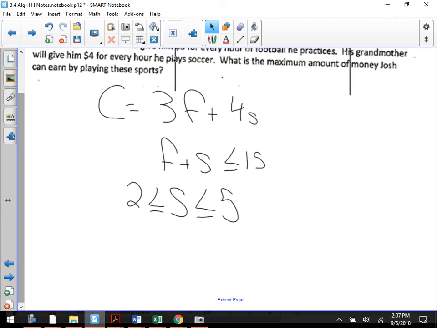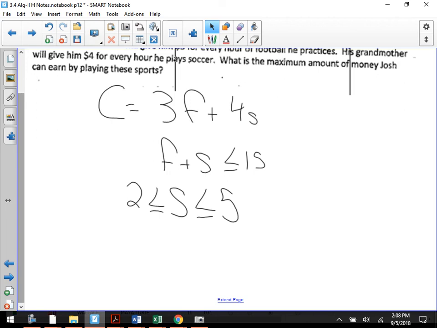If I said the most I can do is 15 hours, can I go more than 15 hours? The most this key ring can carry is 5.